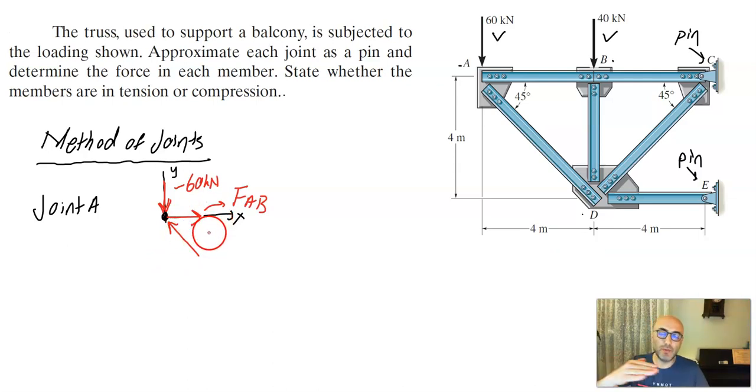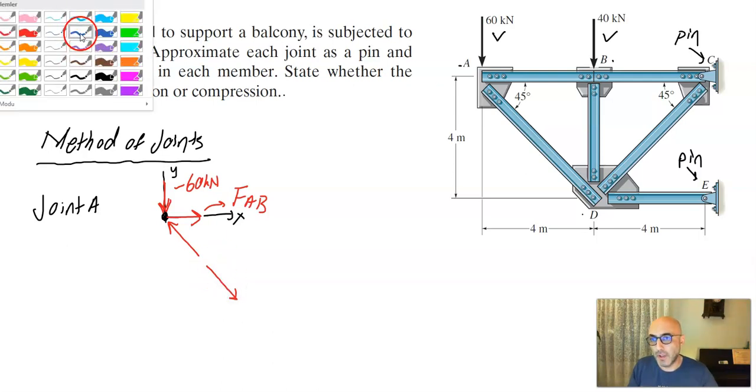The direction of the force applied at the joint is essentially the same as the direction applied on the member itself. If we are talking about a tension applied at a joint, that is equal and opposite to the tension force applied on the member, so that becomes a tension member. If you have compression on the joint, then we have equal and opposite compression on our member.